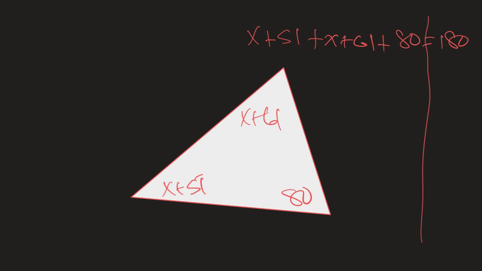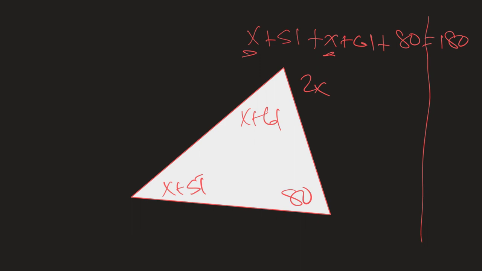And again, staying on the left side here, guys, we need to simplify that left side. x plus x is 2x. Let's see, 51 and 61 would be what? 112.